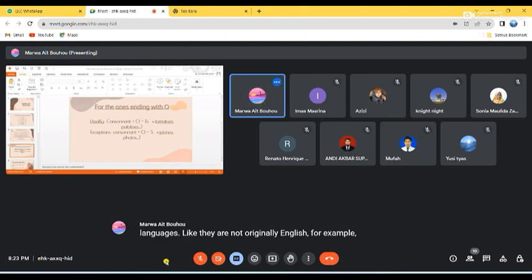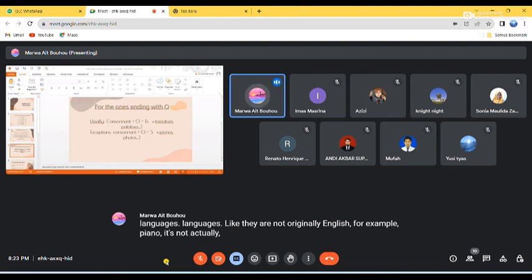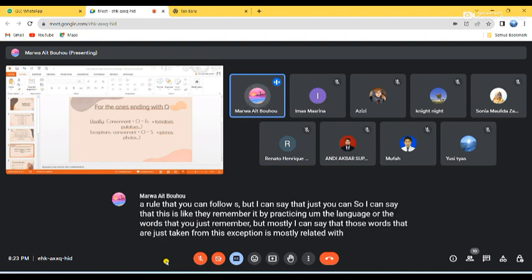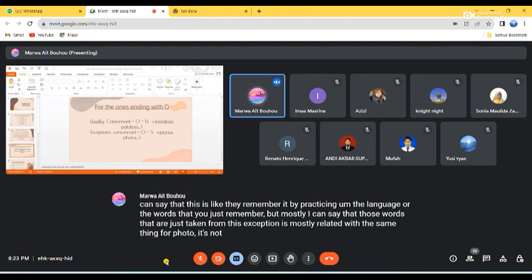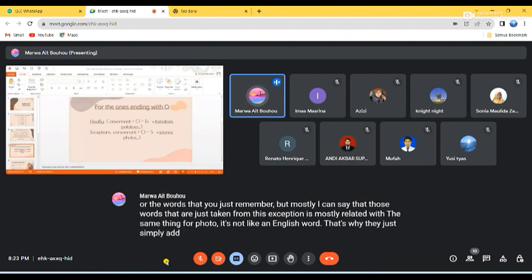For example, piano is not actually English, it comes maybe from Latin or I don't know. And the same thing for photo, it's not an English word. That's why they simply add S, because it's an exception.